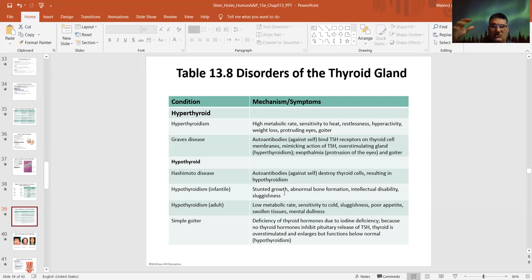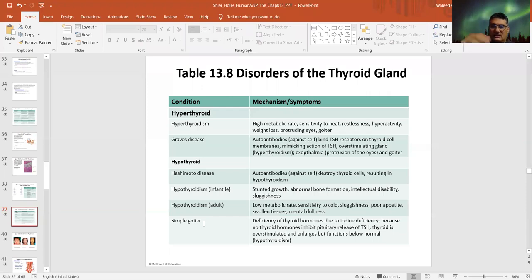And also the thyroid hormone stimulates the growth in general, so they will have shorter or smaller size. If that happened in adults, nothing much. You'll just be sensitive to cold. Those people having hypothyroidism, if you go to the room and the temperature is perfect, everybody's saying that's amazing, and you come in and say, oh my God, this is too cold. Can you turn on the heat? It's too much, and so on.